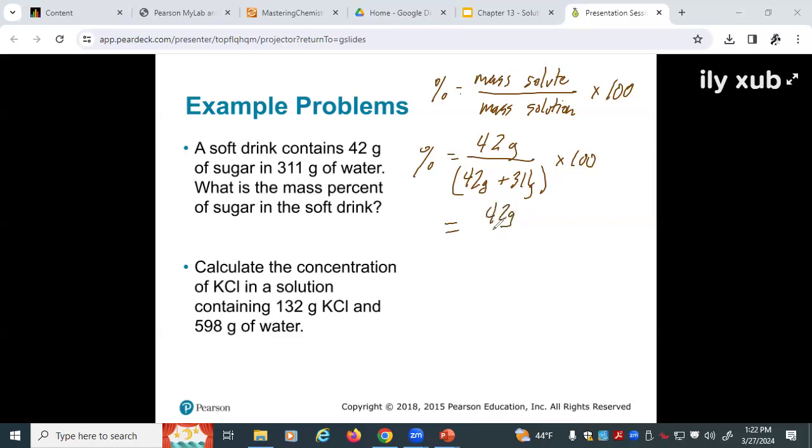So 42 grams divided by 353 grams times 100. 42 divided by 353 times 100 to 2 digits, because I only have 2 here, would be 12%. Any questions so far?